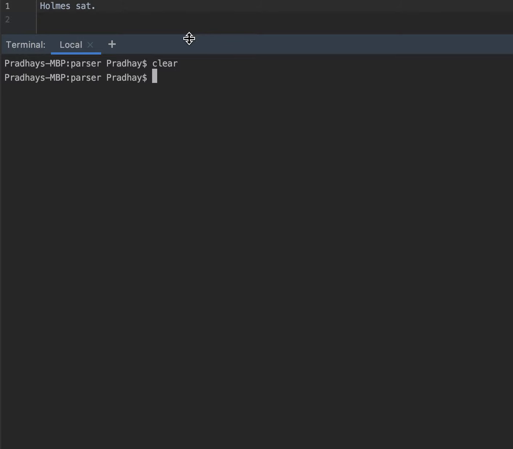They've provided about 10 different sample files which I can be using. Let's say 1.txt, for example.